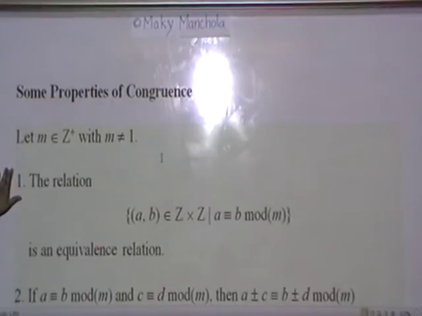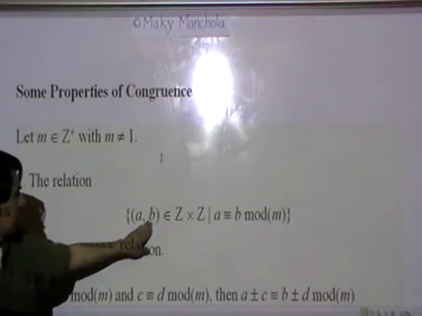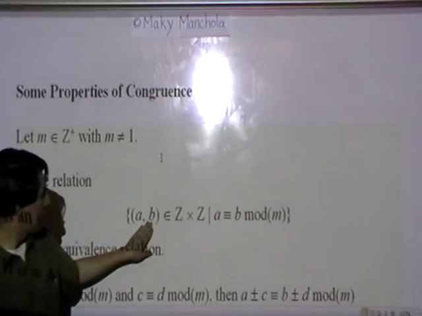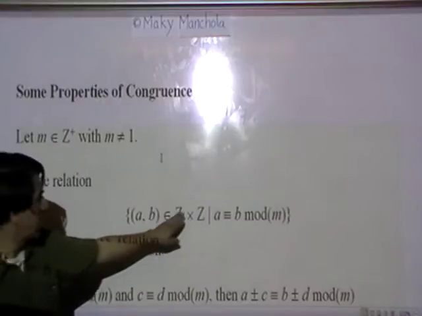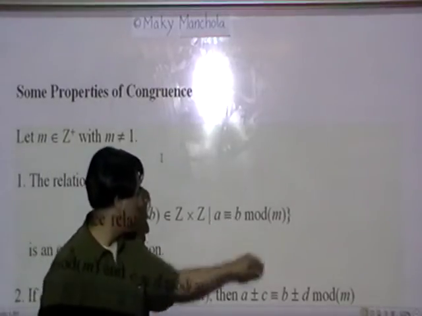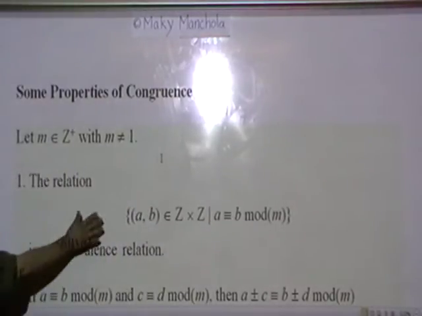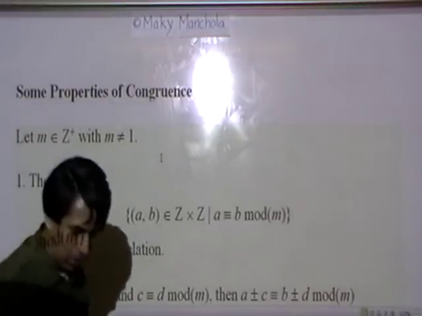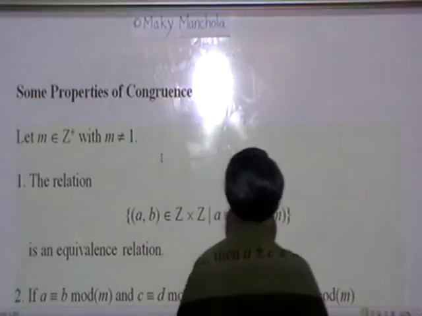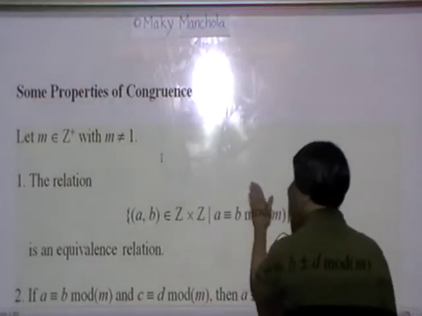First property in this list is that the relation consisting of ordered pairs that are integer pairs such that A is congruent to B mod M, that set of ordered pairs, is an equivalence relation. What is an equivalence relation?